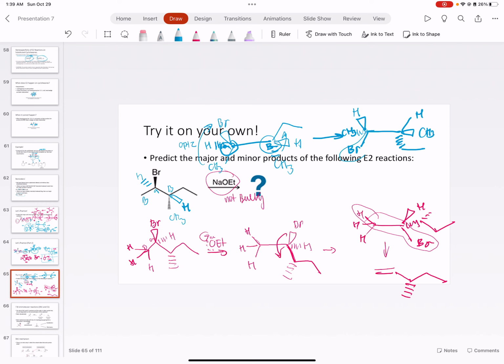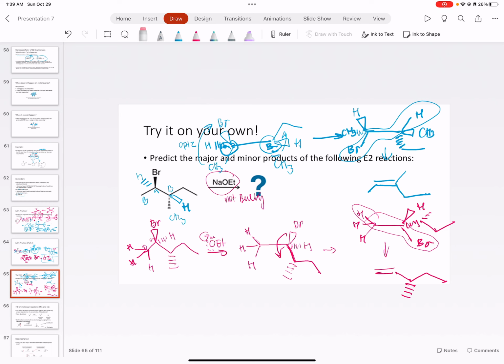So I'm going to have my bromine and my hydrogen up like this, so then I can have a double bond. What's pointing up is my hydrogen and my CH3. What's pointing down is my CH3, and this one's down here. So if I were just to draw it without my hydrogens and the CH3s, it would technically look just like this.